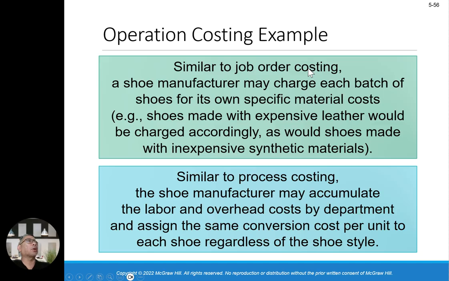Similar to job order costing, a shoemaker may charge each batch of shoes for its own specific materials. A shoe made with expensive leather would be charged accordingly, as would shoes made with inexpensive or synthetic materials. Similar to process costing, shoe manufacturing may accumulate the labor and overhead costs by department and assign the same conversion cost per unit to each shoe regardless of the shoe style.